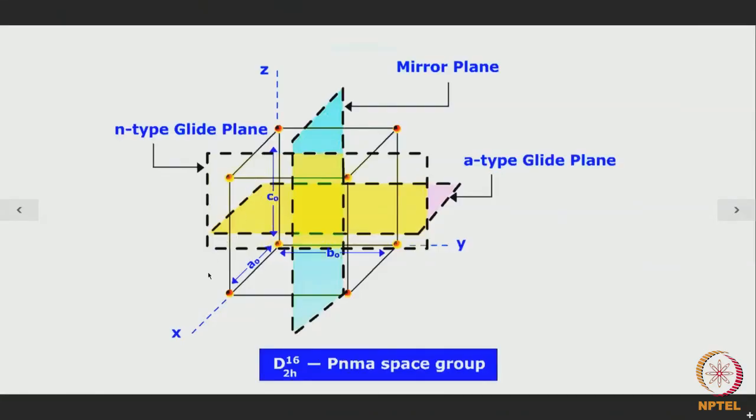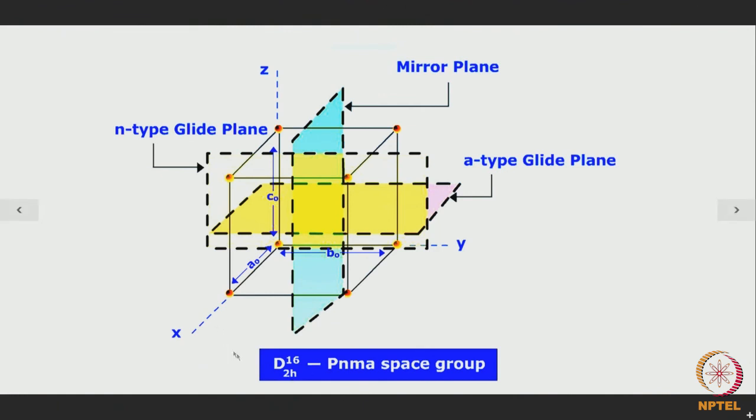So, in this particular case again we have an underlying primitive lattice, as we can see here from the unit cell, and there are three planes, actually one mirror and two glide planes, involved here.